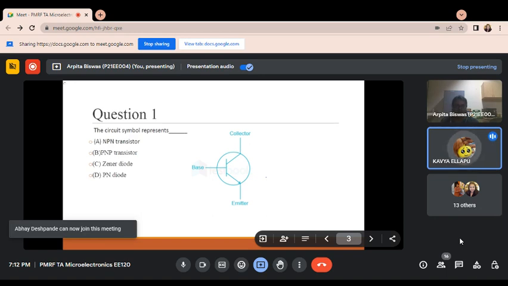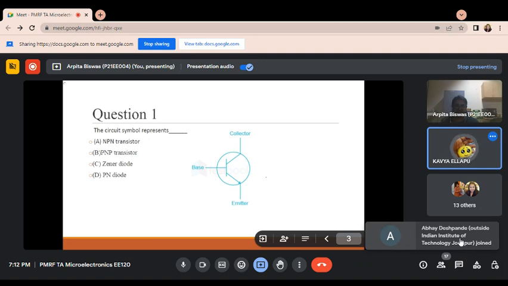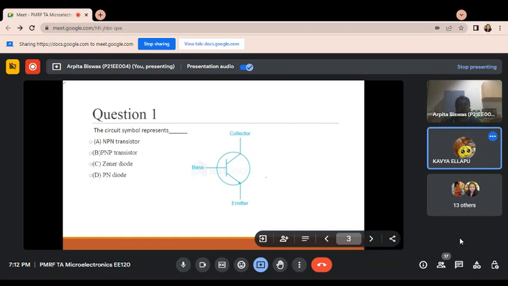So in this, the current will flow from emitter to base. Sorry, ma'am. The electrons will flow from emitter to base. So the current direction is opposite to the electrons' movement. Okay. Abhay.